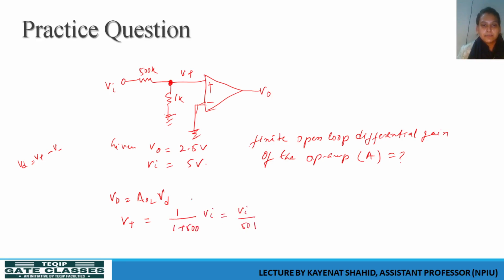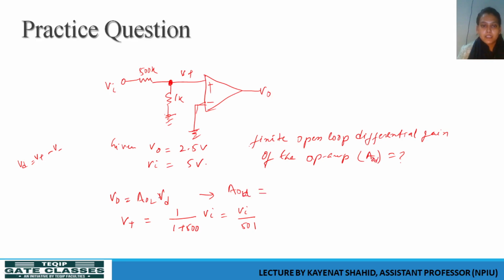VI and VO are given, and we have to find out the AOL, the open loop differential gain. You can also write AOD if you wish.